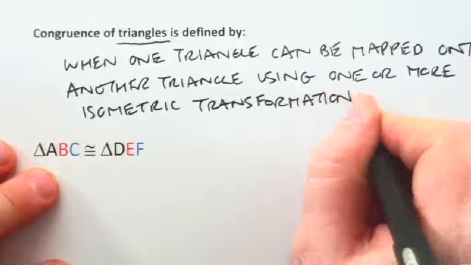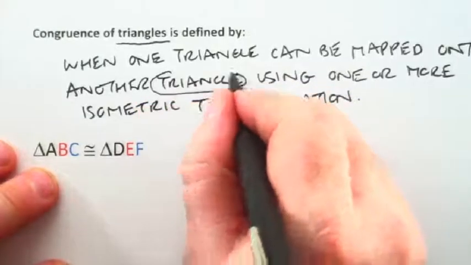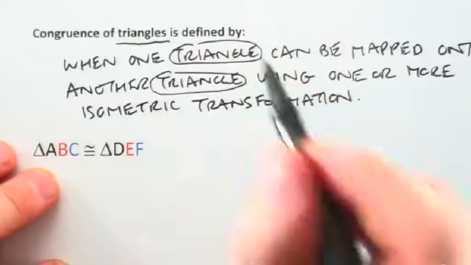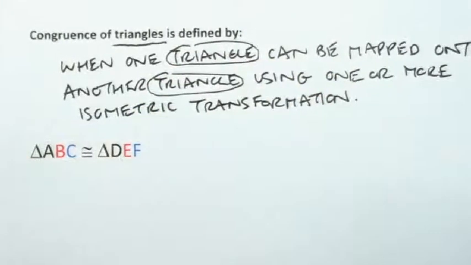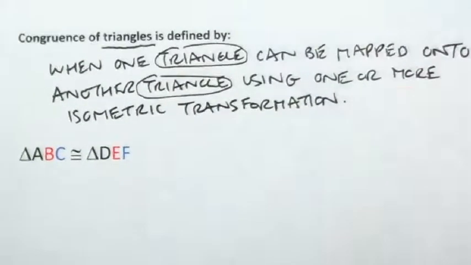So again, this is the same thing, except instead of the word figure or shape here, we've narrowed it down to just be triangles. So again, two triangles are congruent if I can map one onto the other one.